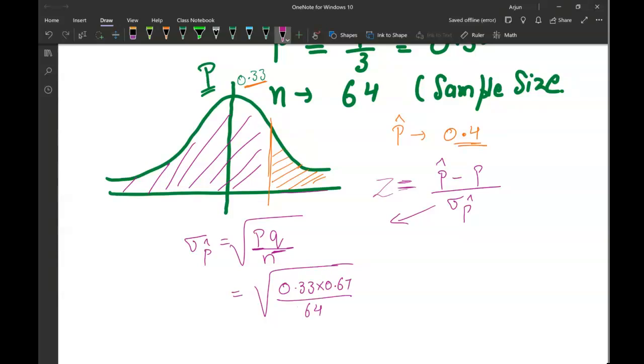If I were to do the math on this one, let me quickly open it on my calculator.